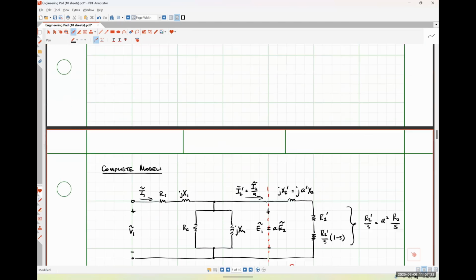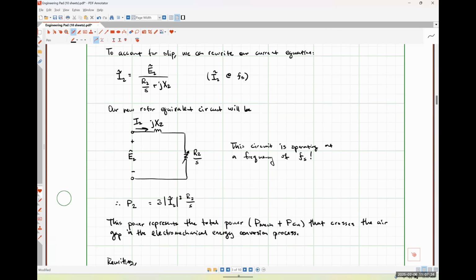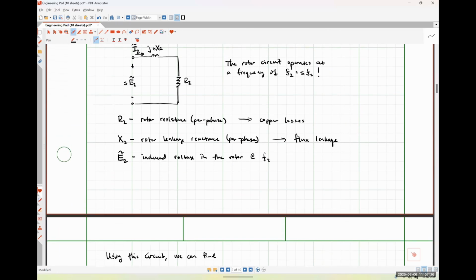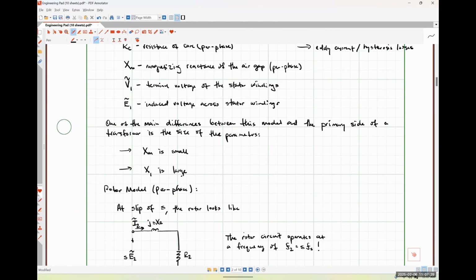We talked about that earlier when we were talking about the difference between our motor model for the stator and the transformer model that we dealt with when we were literally looking at transformers, right? So if XM is small in comparison to our core resistance, we can essentially just kind of not worry about it.